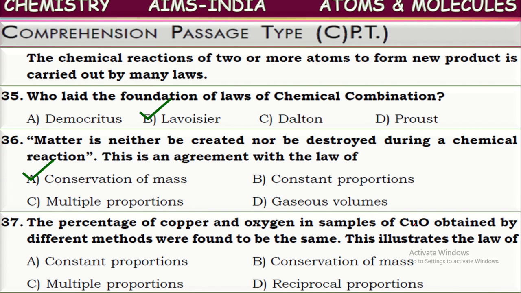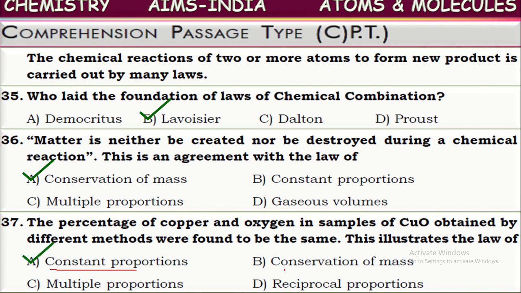This illustrates the law of definite proportions, which is also called the law of constant proportions. It means in the formation of a compound, the percentage composition of the elements will be fixed. This is illustrated in the law called the law of constant proportions or law of definite proportions.